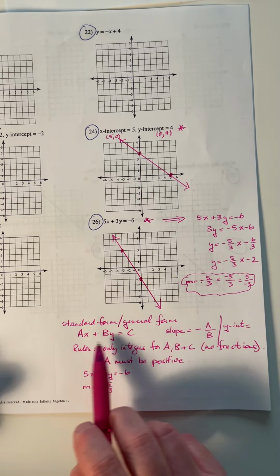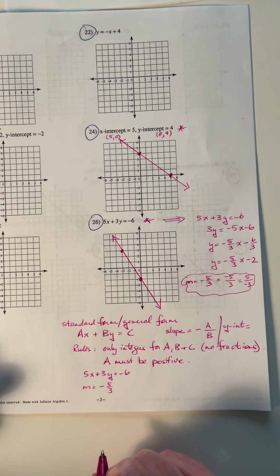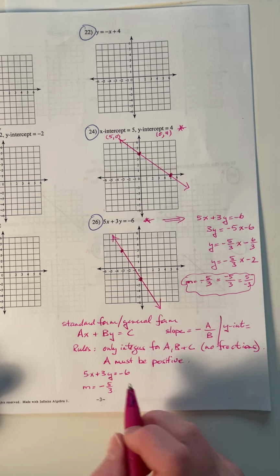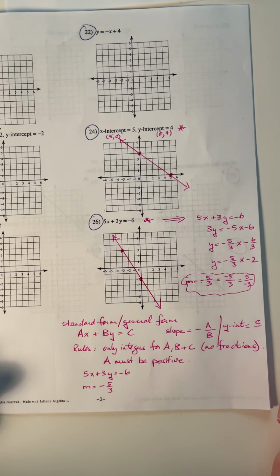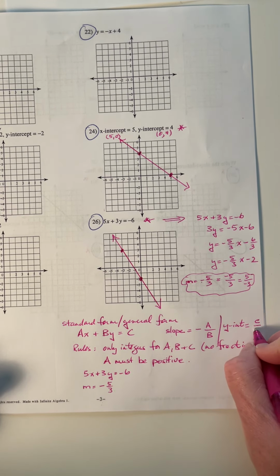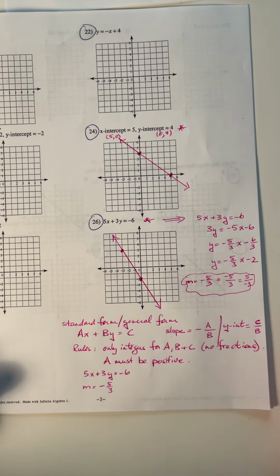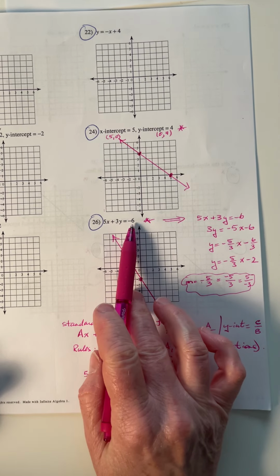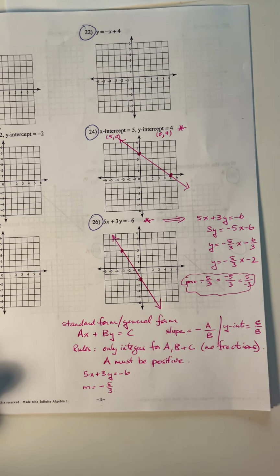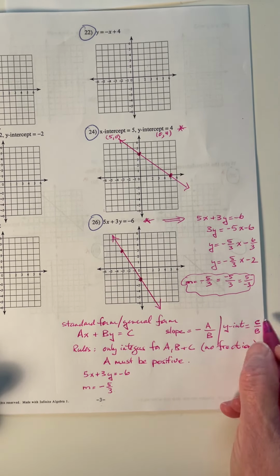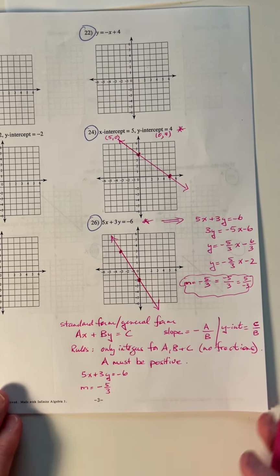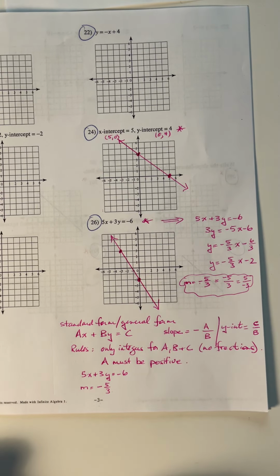So if we're using our A, B, and C, that's going to be our C value divided by our B value. And if we did that, we'd have negative 6 over 3 for a negative 2. And that's going to be true. Okay, so the y-intercept is actually C over B in this form, and the slope is negative A over B.